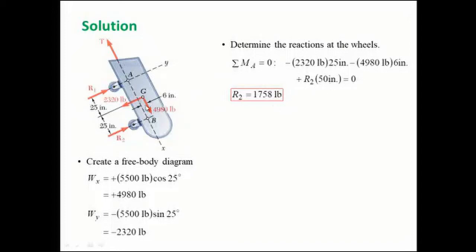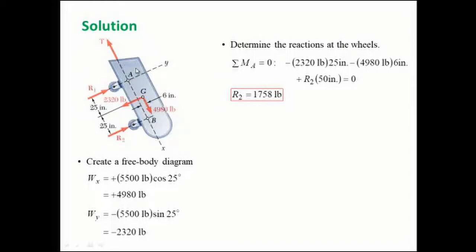About A, this will produce a clockwise moment, and this is a perpendicular distance. So negative, the value and the distance. About A, keep your finger here and try to move this, it will produce a clockwise moment.